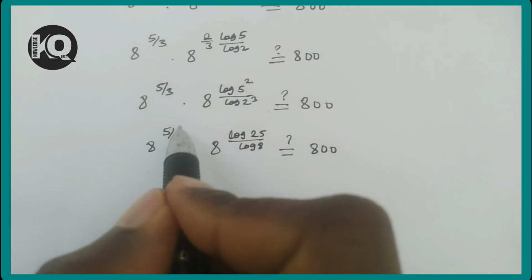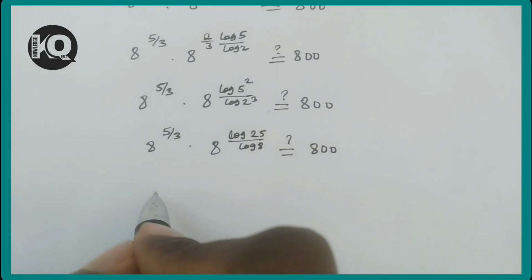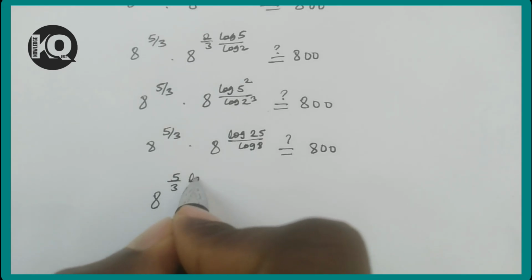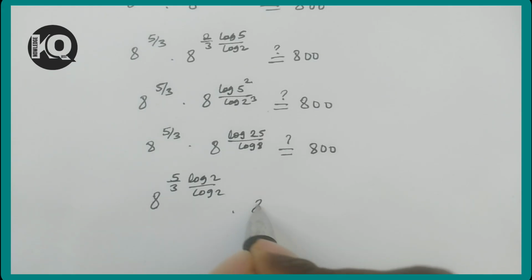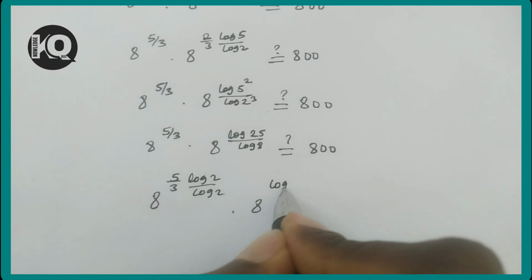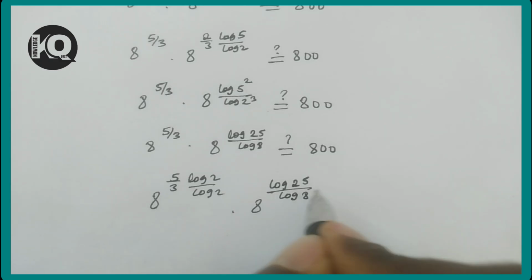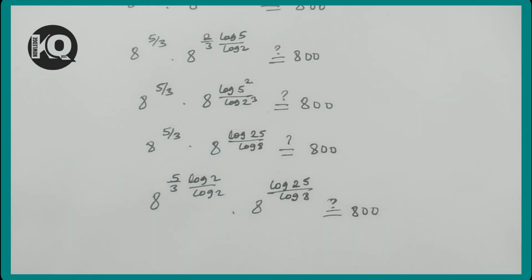We can multiply the first term by 1, which means multiplying by log 2 over log 2. So 8 to the power of 5 over 3 times log of 2 over log of 2, times 8 to the power of log of 25 over log of 8.